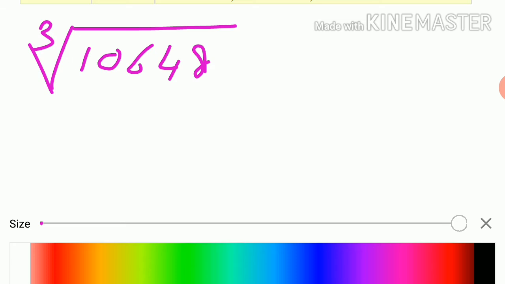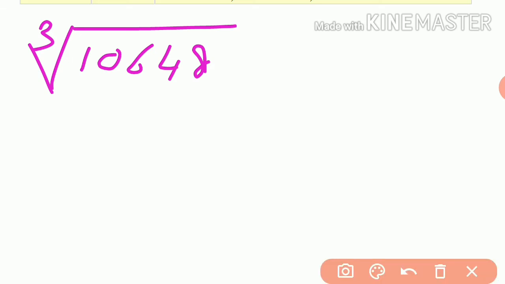So in the estimation we discussed above that if the digit ends with 8, then 8 corresponds to 2.